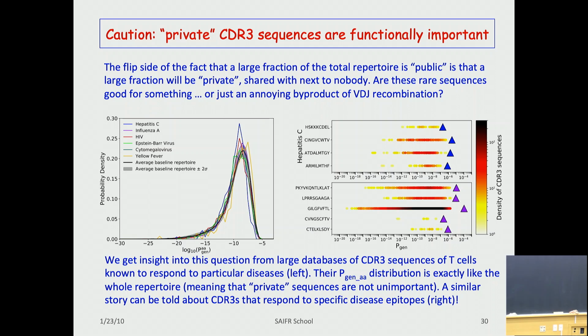I don't know, pick yellow fever, or influenza A, or hepatitis C. For each of these diseases, somebody has nicely gone through all of the literature and put together all of the experiments where somebody took the appropriate epitope of yellow fever and fished in blood of human beings and found which T-cell sequences respond to that particular epitope.